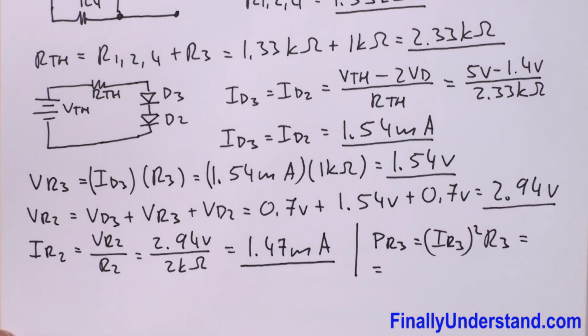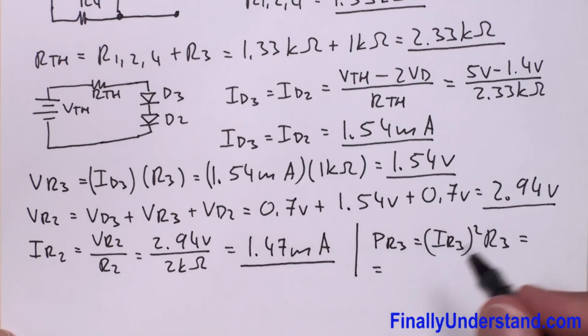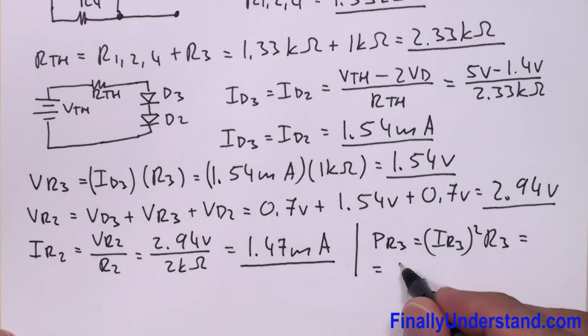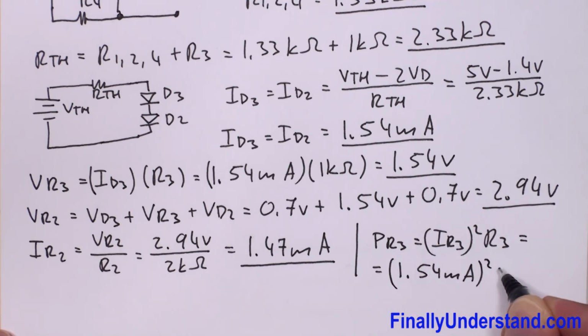IR3 is equal to ID3 and ID2, and this is equal 1.54 milliamps raised to the second power times R3, which is equal 1 kilo ohm.